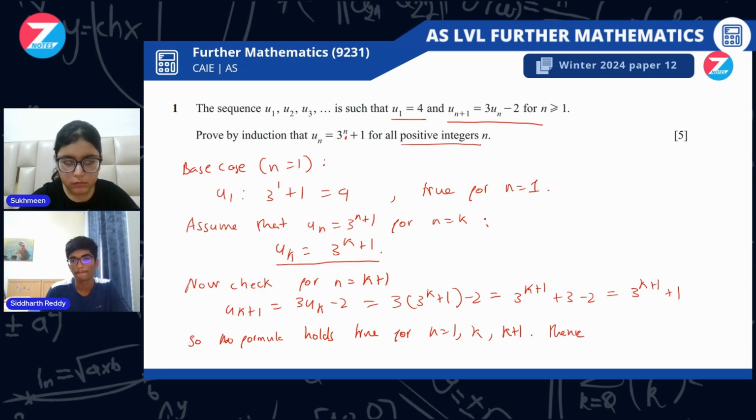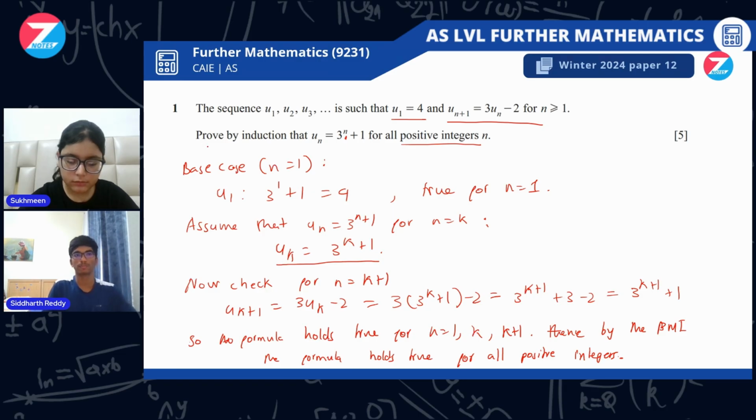Hence, by the principle of mathematical induction, the formula holds true for all positive integers. So this is how you solve these proof by induction questions. You have to write the base case, assume, and now check.